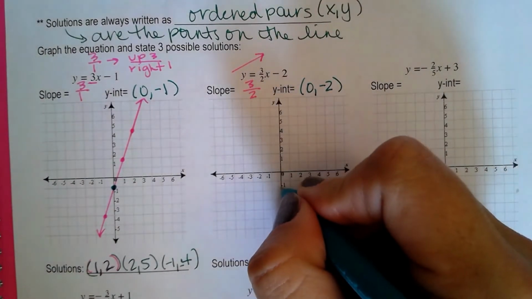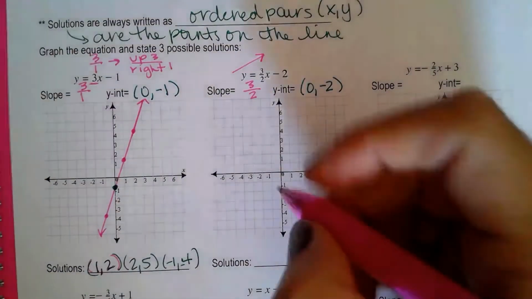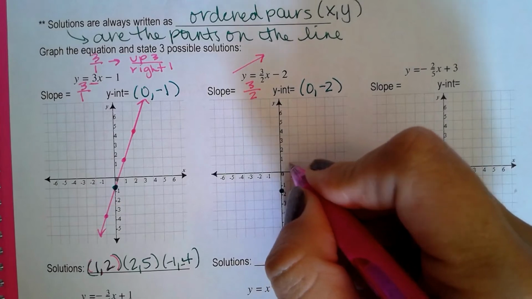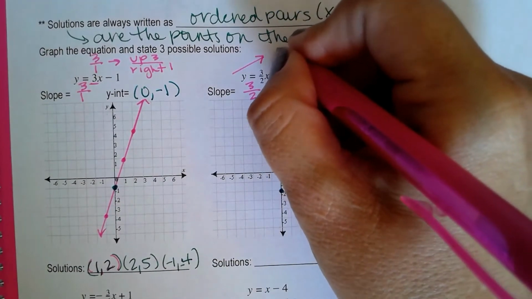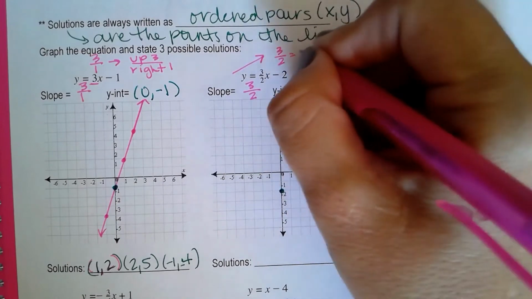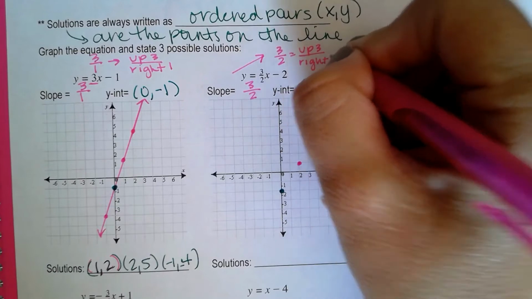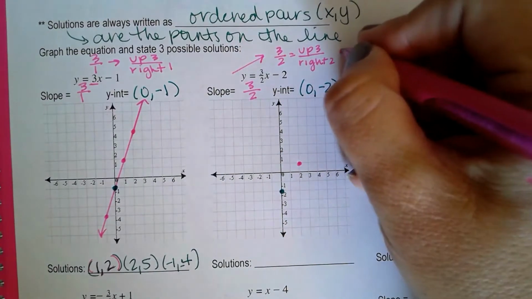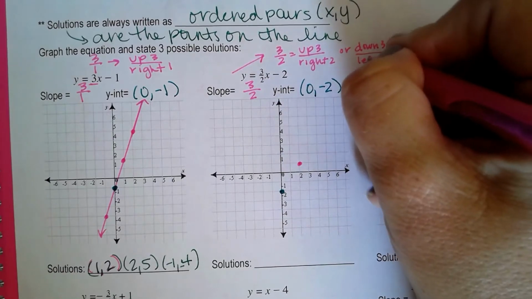So I start at 0, -2, and then I would go up 1, 2, 3, right 2. So remember, 3/2 would mean up 3, right 2. Or remember, you can go down 3, left 2.